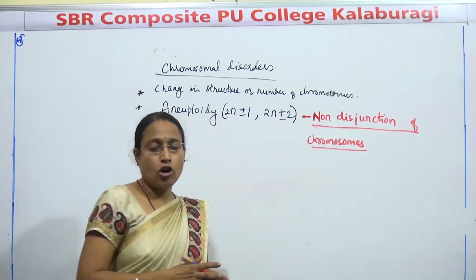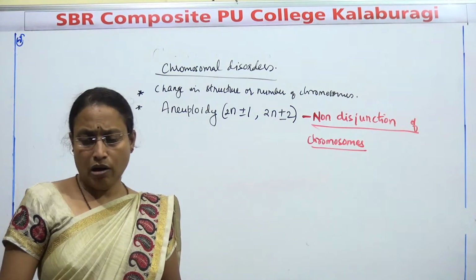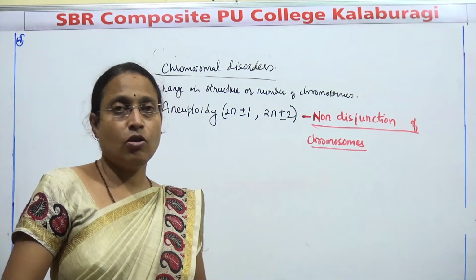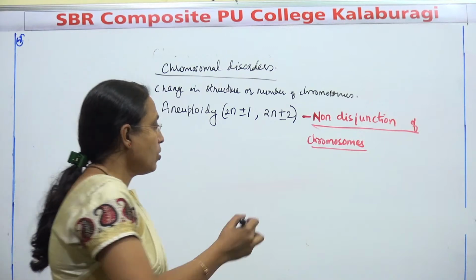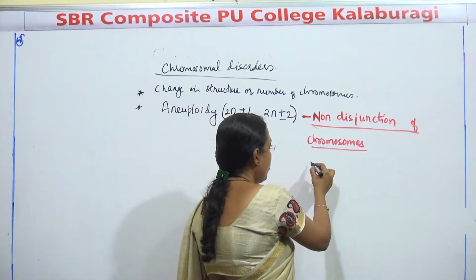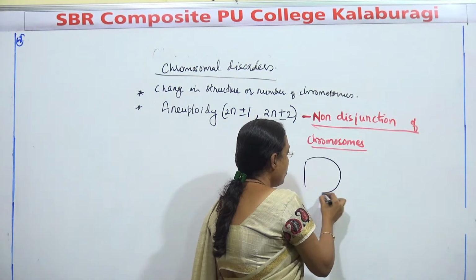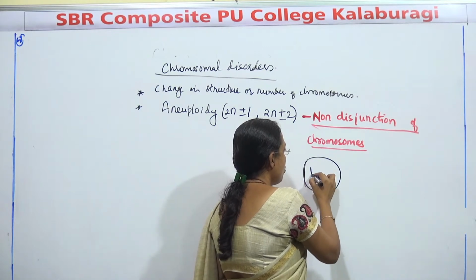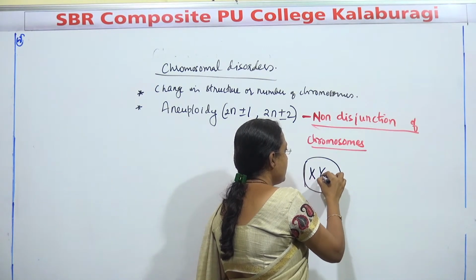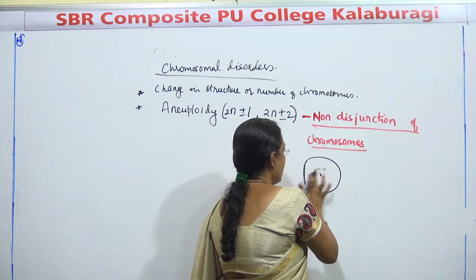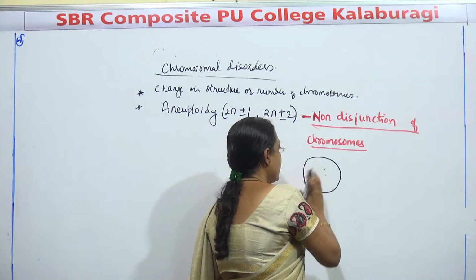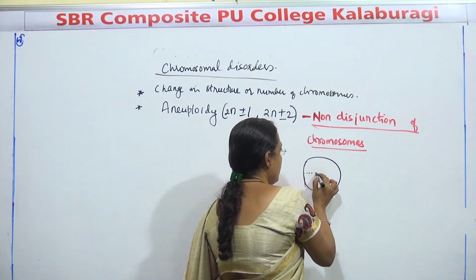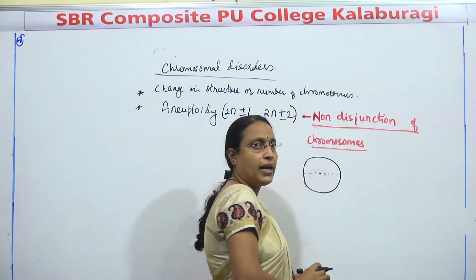So what is non-disjunction? You should first understand what disjunction is. You all know that during metaphase, the chromosomes arrange themselves in the cell at the metaphase plate, or equatorial plate.